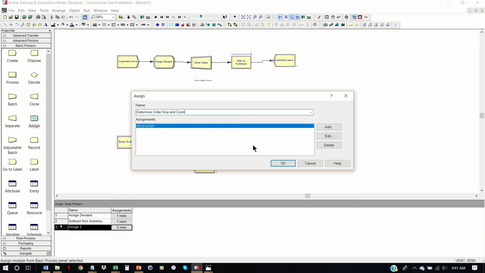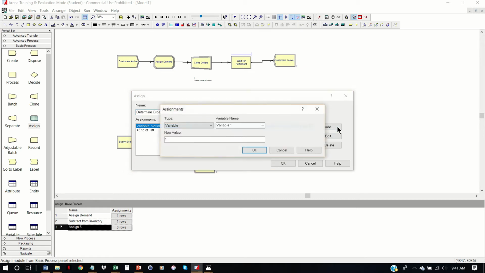We're going to create an attribute called order size. And this is going to be equal to our maximum inventory level, so this is our big S, minus our current inventory level.